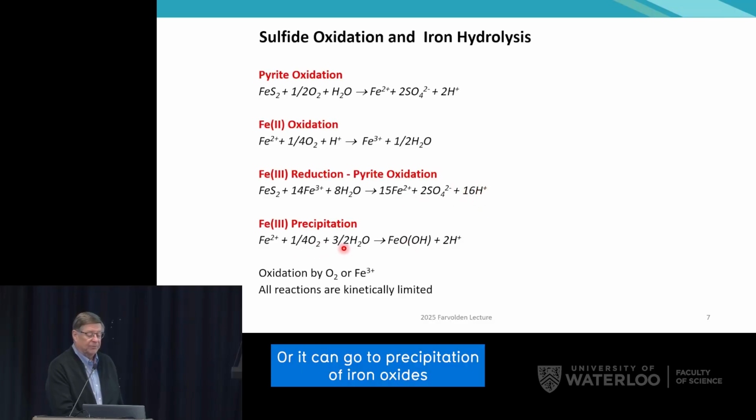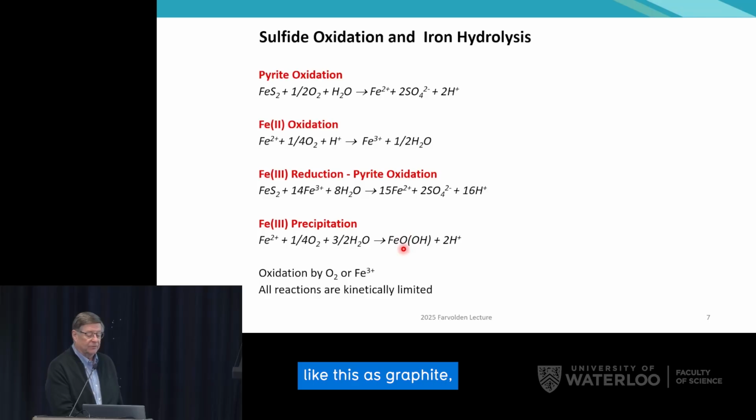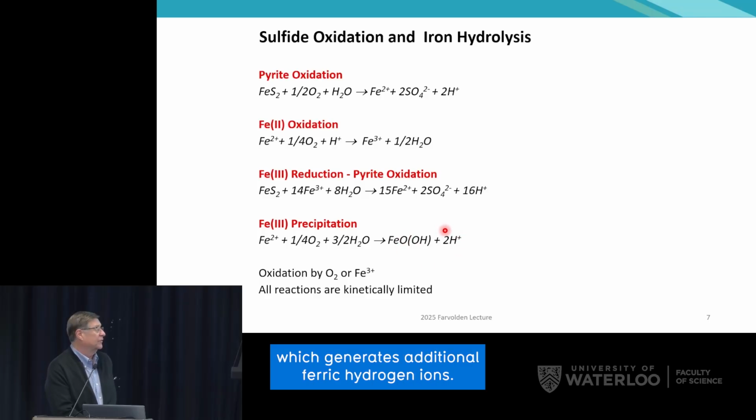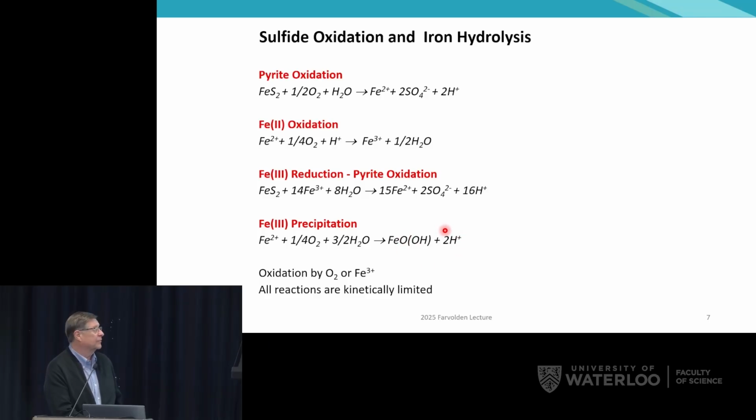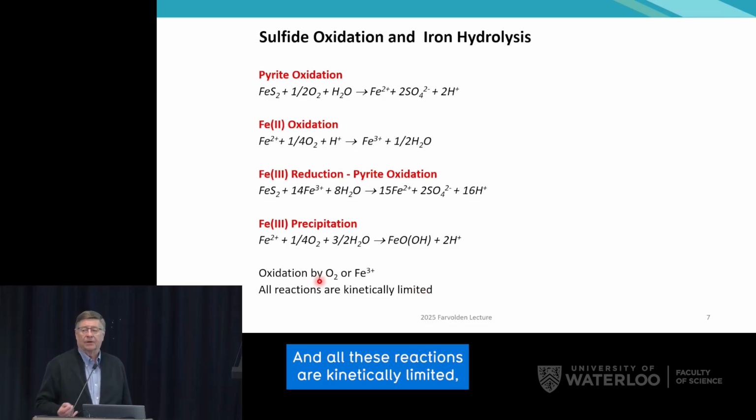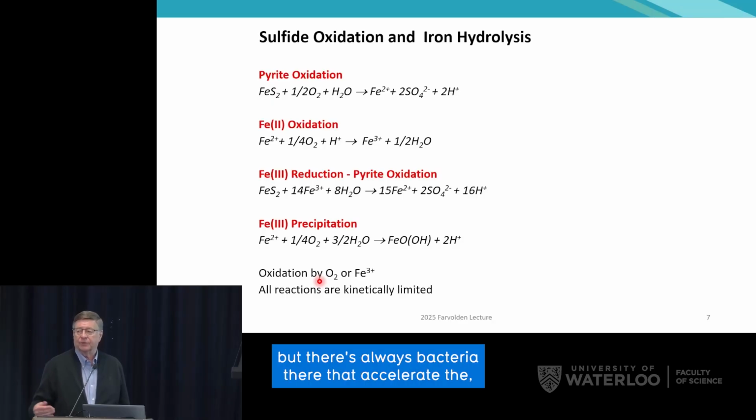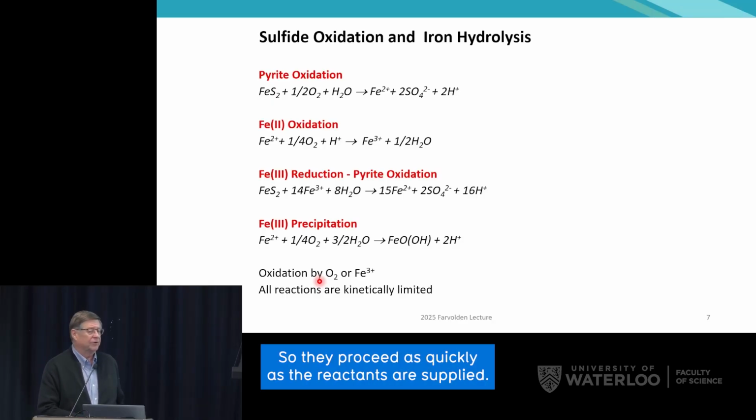Or it can go to precipitation of iron oxides, like goethite, which generates additional hydrogen ions. So oxidation can be by oxygen or by ferric iron, and all these reactions are kinetically limited, but there are always bacteria there that accelerate the reaction, so they proceed as quickly as the reactants are supplied.